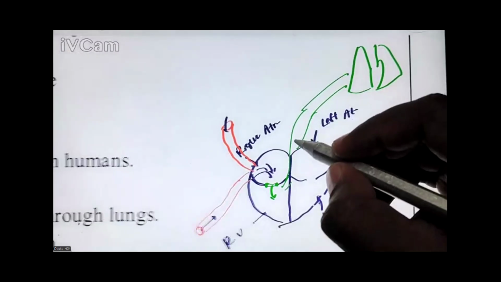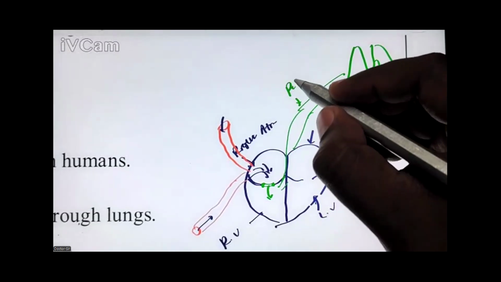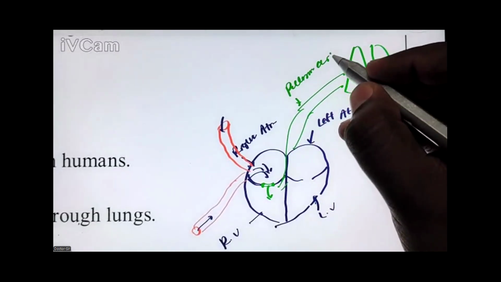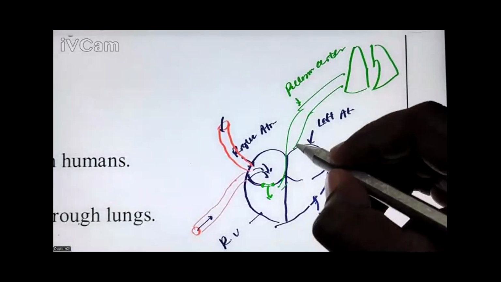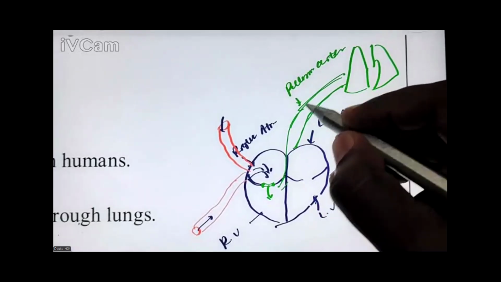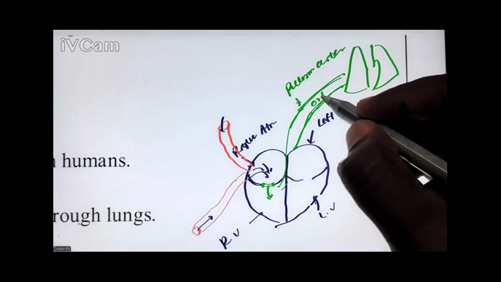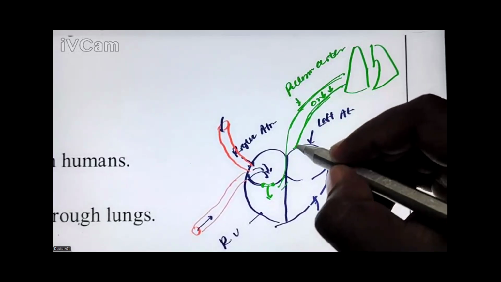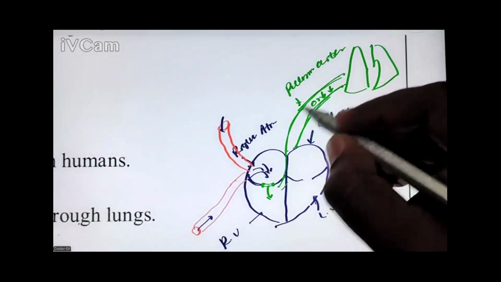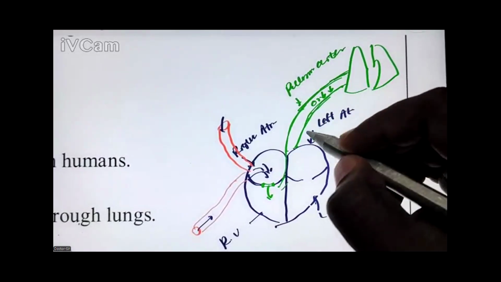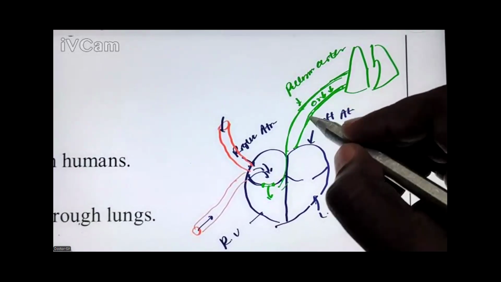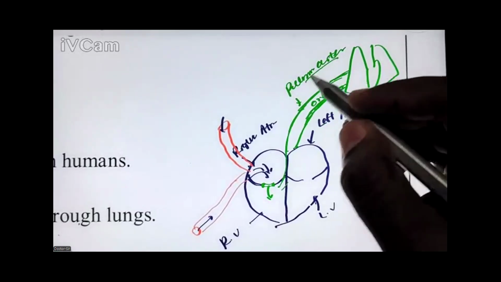So it will be the pulmonary artery. The pulmonary artery takes the deoxygenated blood, that means the oxygen level here is very low. Usually arteries contain oxygenated blood, but here deoxygenated blood is present inside the artery.